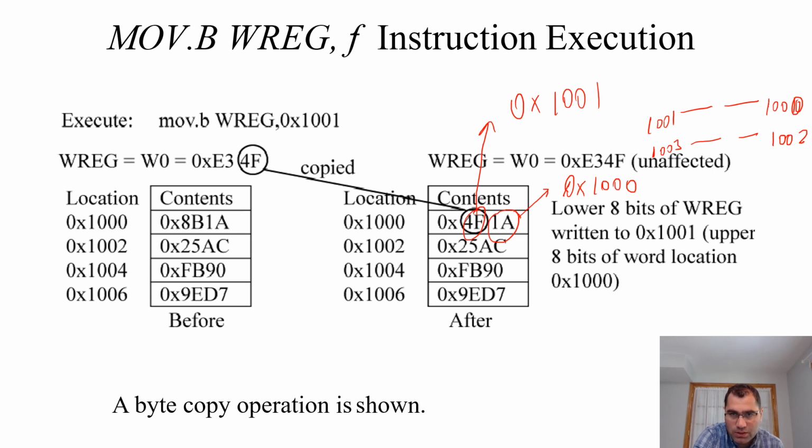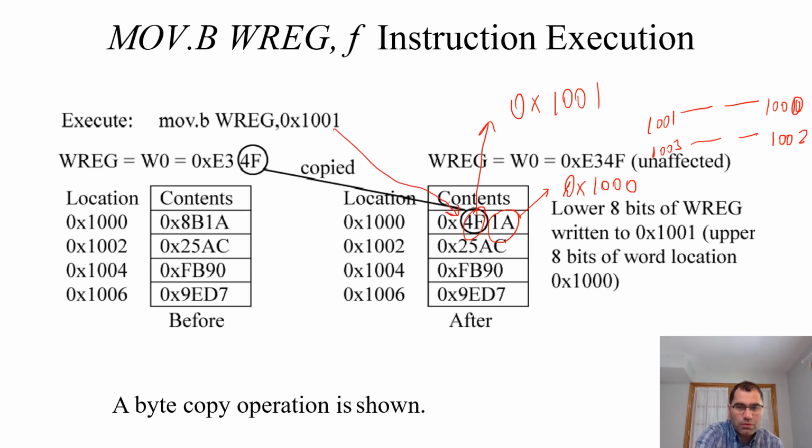That's how it looks with 8-bit. The least significant byte is located in this location of the address, and this part is here. So if you want to copy the least significant byte of W0 into here, that's that location.